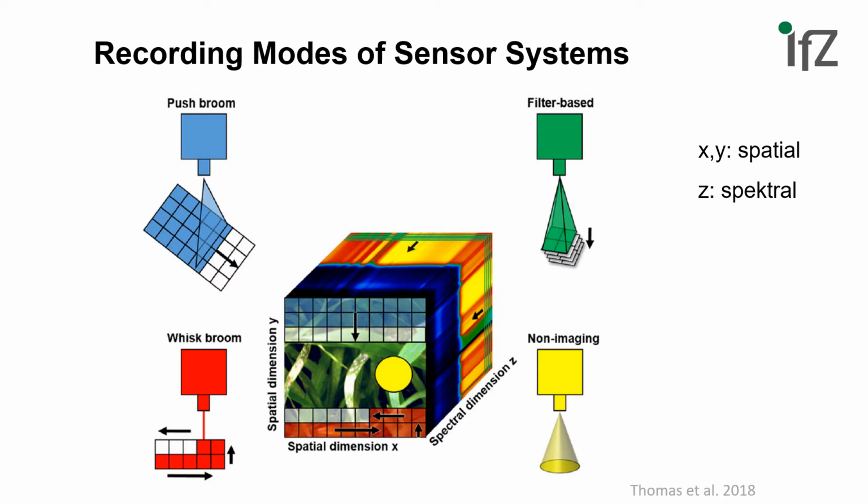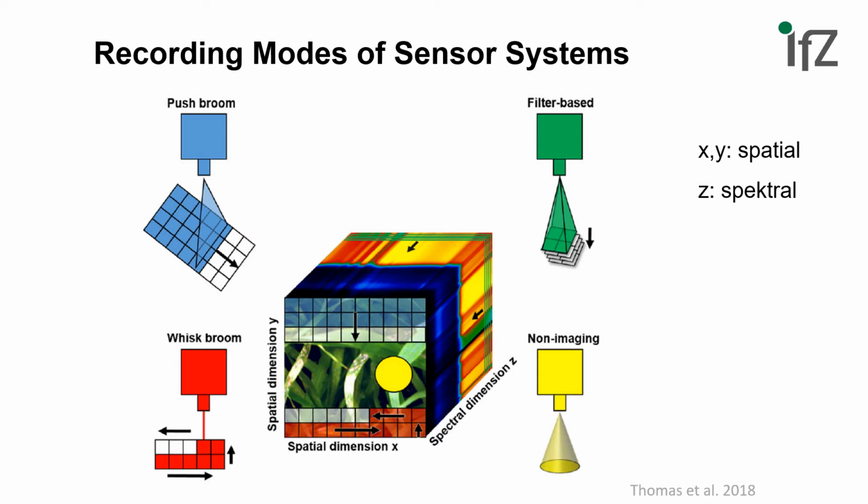But not only the scale is important, also the applied recording modes of the sensor systems need to be considered. If we apply imaging sensors, we differentiate between whisk broom, push broom, or filter-based systems. And at the end, our aim is to obtain a hyperspectral imaging data cube with two spatial dimensions, y and x, and additionally for each pixel a spectral dimension z containing spectral reflectance patterns.